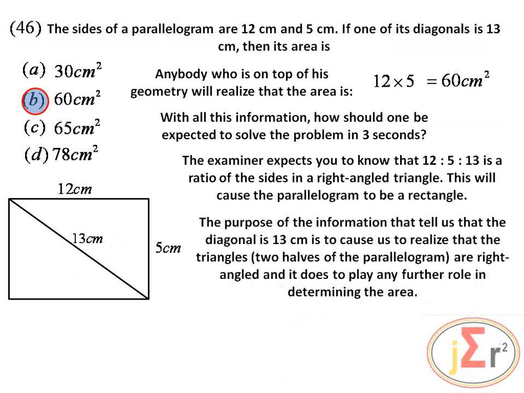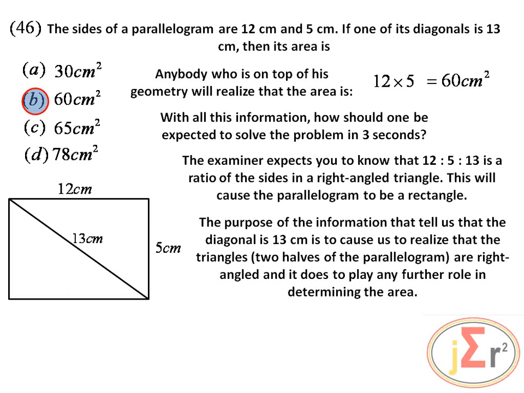The purpose of the information that tells us that the diagonal is 13 centimeters is to cause us to realize that the triangles of course are the two halves of the parallelogram. So the purpose of including the 13 is to cause us to realize that the triangles are right angled, and it does not play any further role in determining the area.